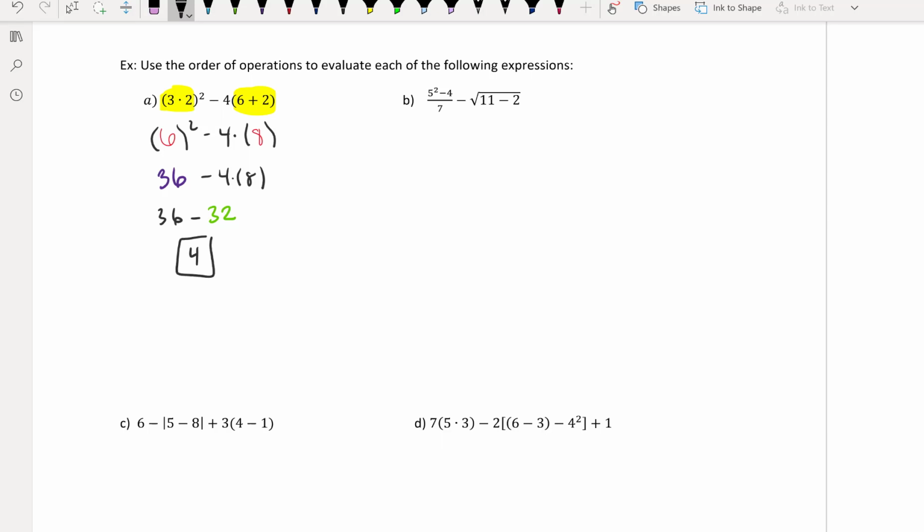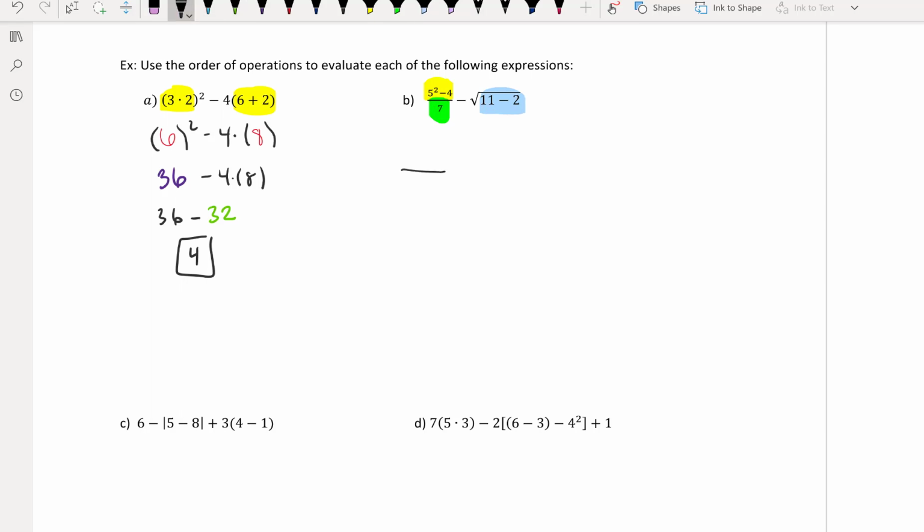Okay, so now for part B, again, we're going to be applying our order of operations, okay? It looks like I have a couple of things going on. I have a fraction and I have a square root. So I'm going to deal with the fraction separately than I will with the square root, okay? Here, I'm going to try to simplify the numerator. I have my denominator, and I also have the inside of the square root.